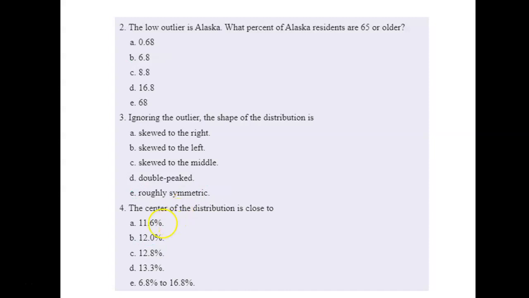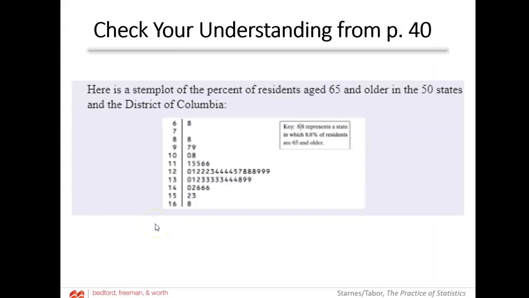All right, and then the center of the distribution is close to, see, this is where they get me. Now, these are pretty close to each other, and that, to a person who doesn't like finding the median, that's pretty mean. So, what do we say, 51? So that would be the 26th.